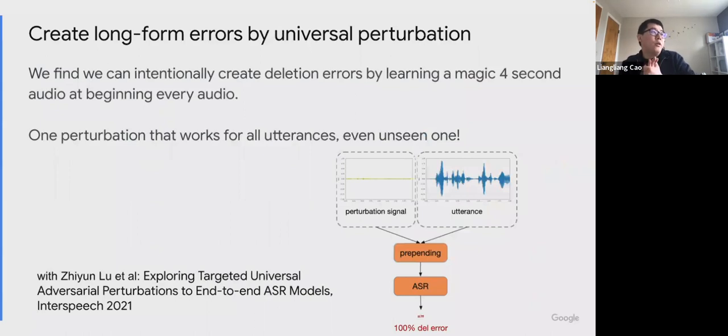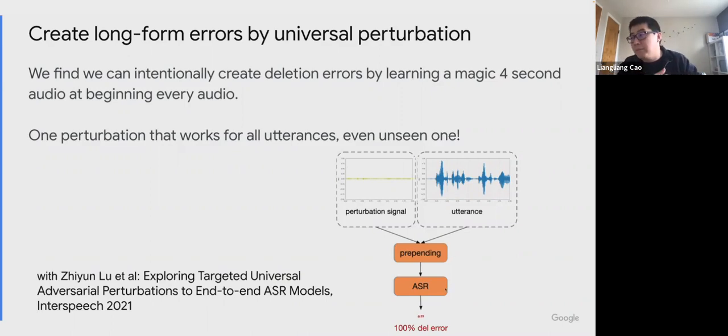One study we did at that time: since we already see the deletion error becomes so significant, can we manipulate or create some speech signal that can generate those long-form deletion errors? If deletion error becomes dominant, can we generate a magic speech signal, concatenate it with an utterance, and fool the model?